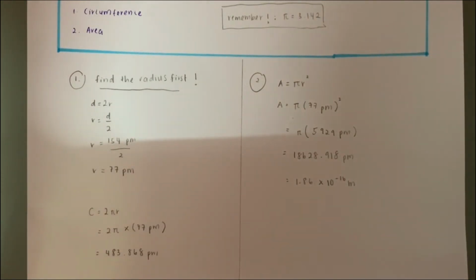So we have found the value of radius, just substitute the value in the formula and we get 1.86 times 10 power of negative 16 meter.